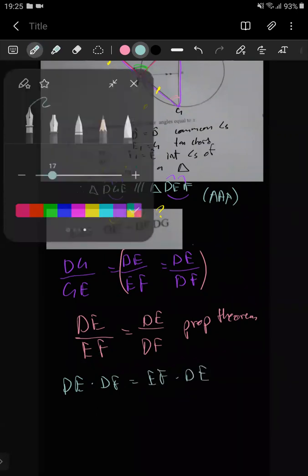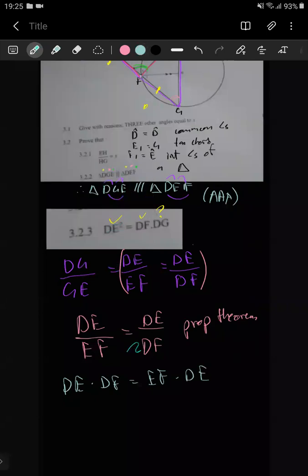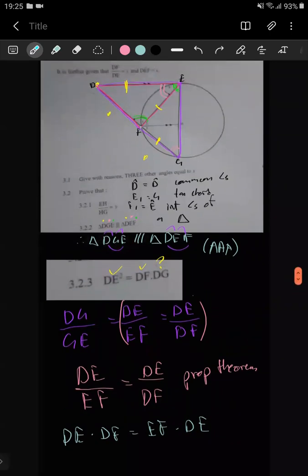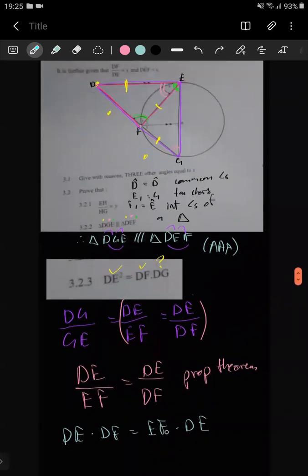Looking at what we have, we need a DE. There's a DE there, there's a DE there. There's a DF, fine. But then there's a DG here, whereas we have EF. The one thing is EF can be written as DE, so we'll have our DE squared.